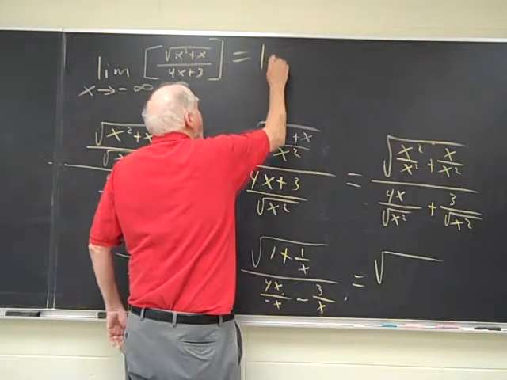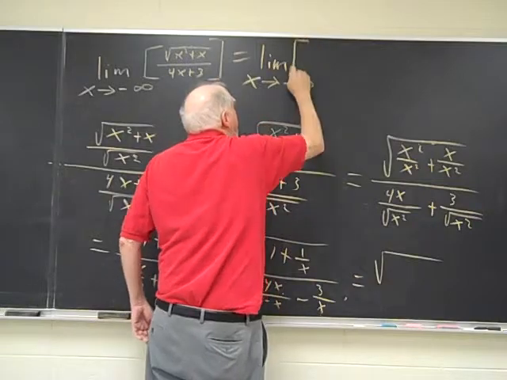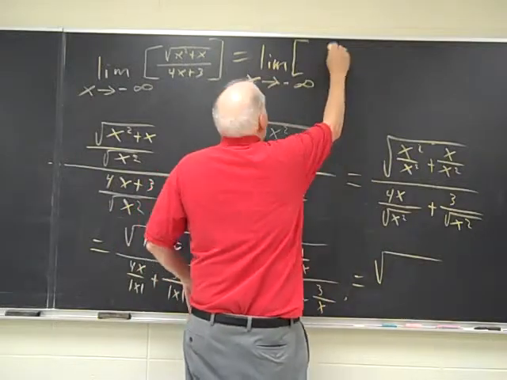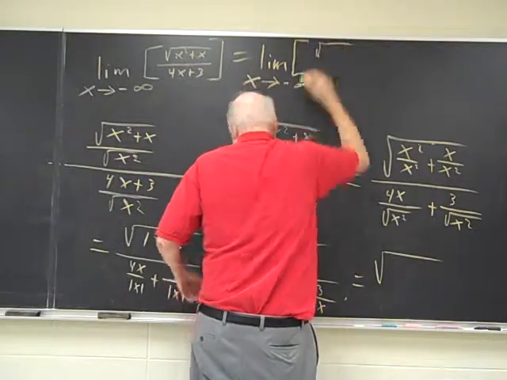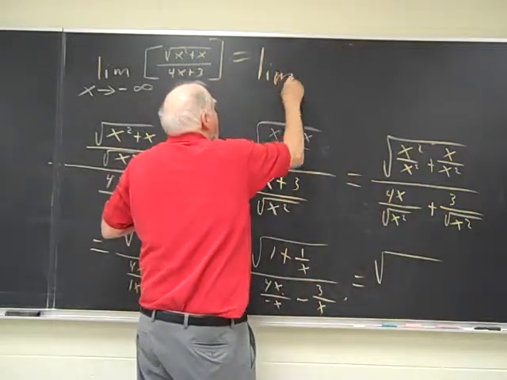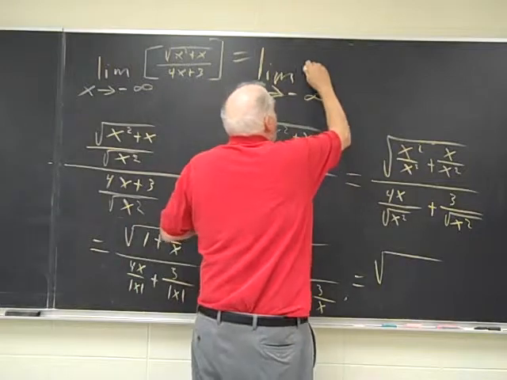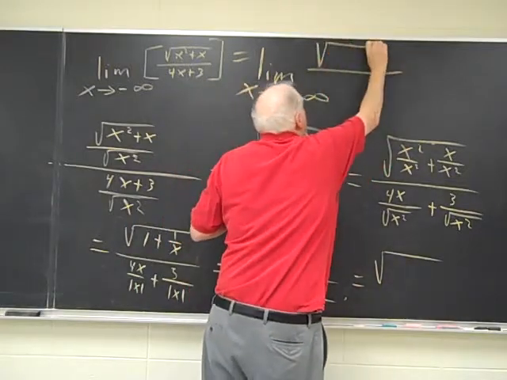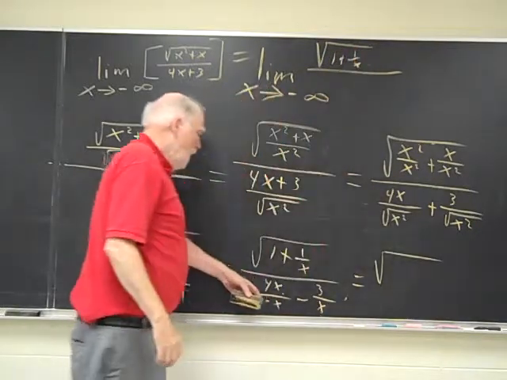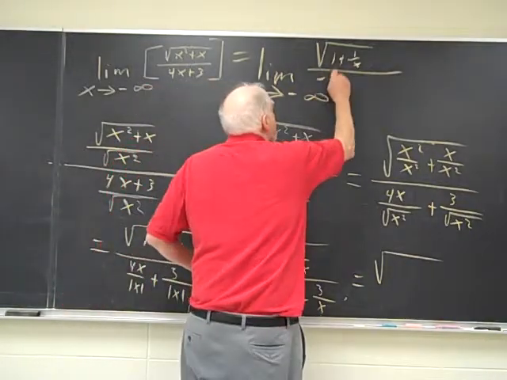The limit as x heads to negative infinity of the same expression as this: the square root of 1 plus 1 over x, over, well, if I reduce, this is negative 4, isn't it?